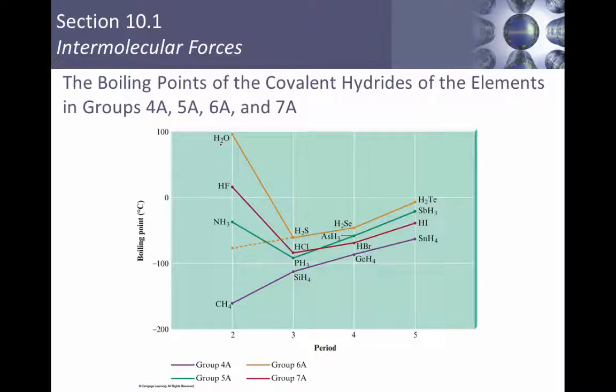Why is that? Well, these three deal with hydrogen bonding, but the reason water's boiling point is so much higher is because water has two sites for hydrogen bonding because of its structure. That gives it an even greater boiling point, and this graph is giving you that visual.